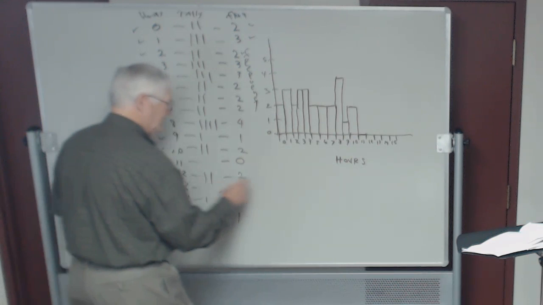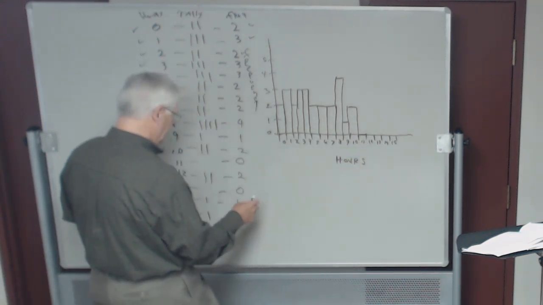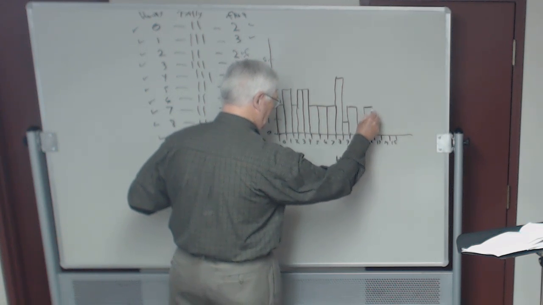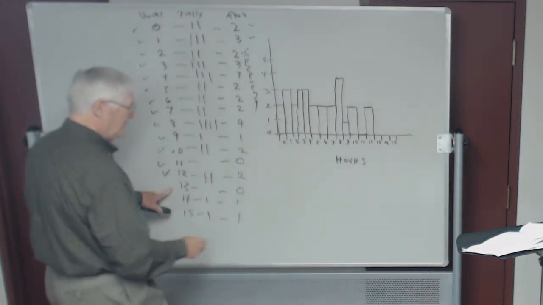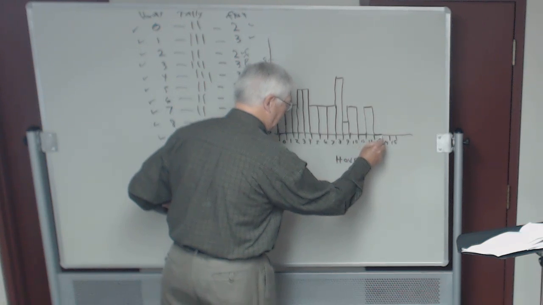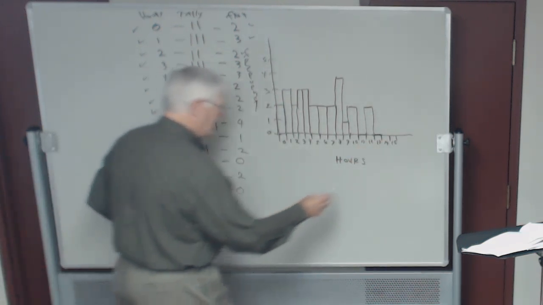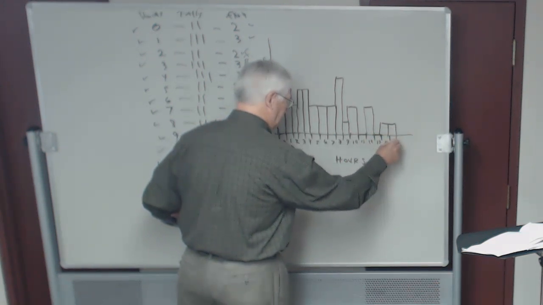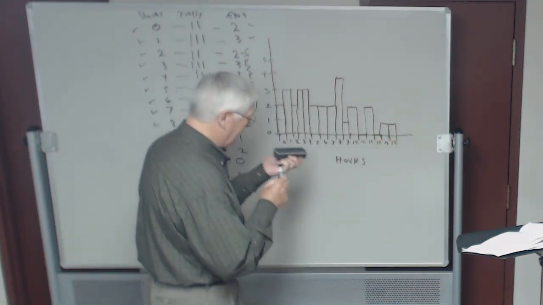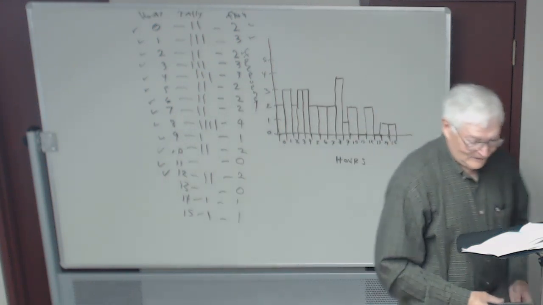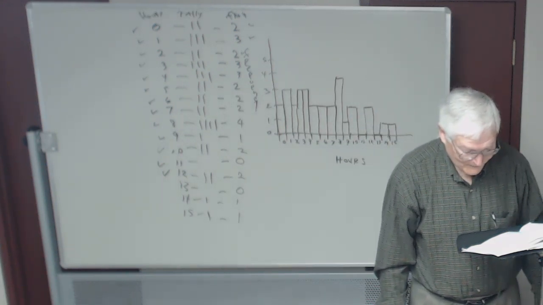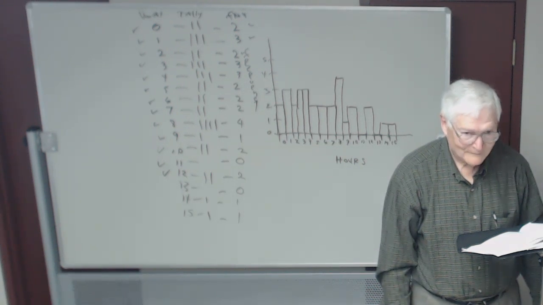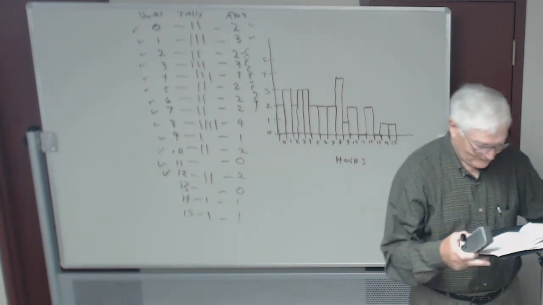At 12 hours, it was 2. At 13 hours, it was 0. At 14 hours, it was 1. And at 15 hours, it was 1. Guess what I just made? A histogram. That's called a histogram.